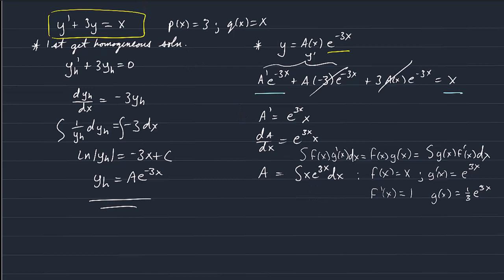And so we have these different parts: f prime of x, g of x, f of x, and g prime of x.